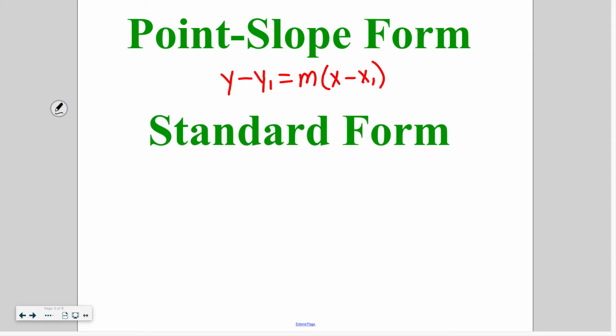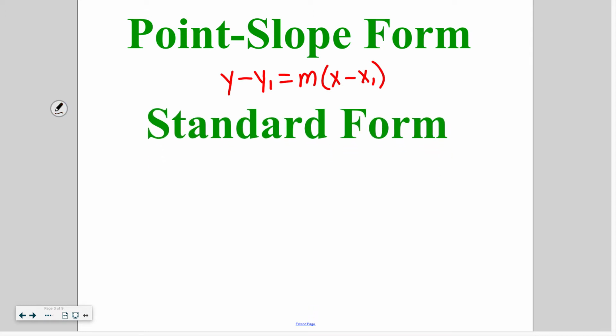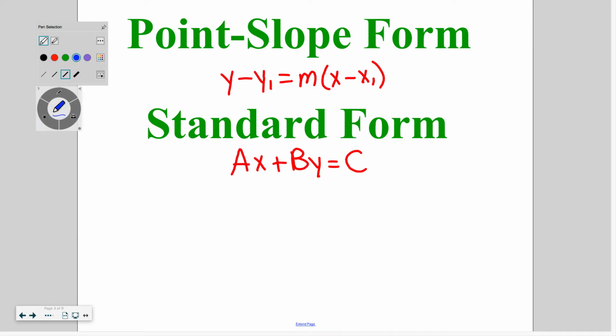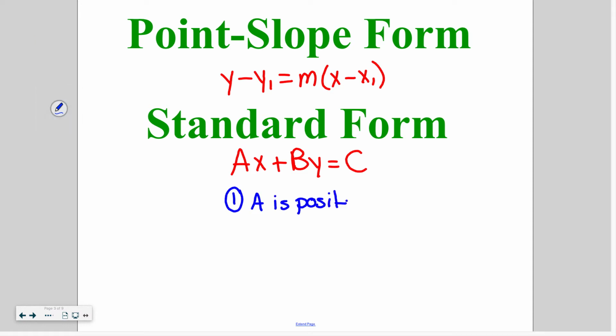Standard form was ax plus by is equal to c. We had those four rules that we had to follow for standard form. The a value is positive. The second rule, x or y exists. It could be both of them, but at least one of them has to exist.